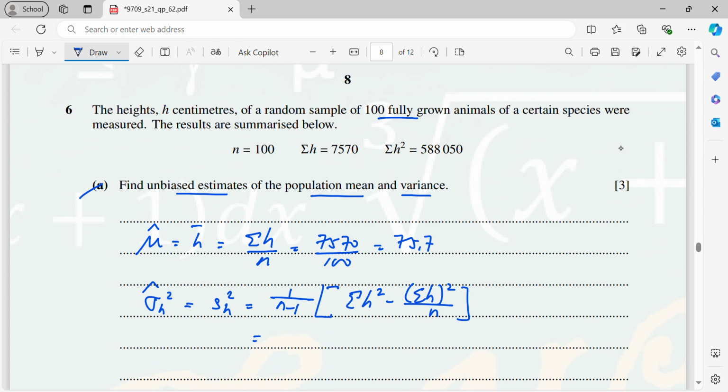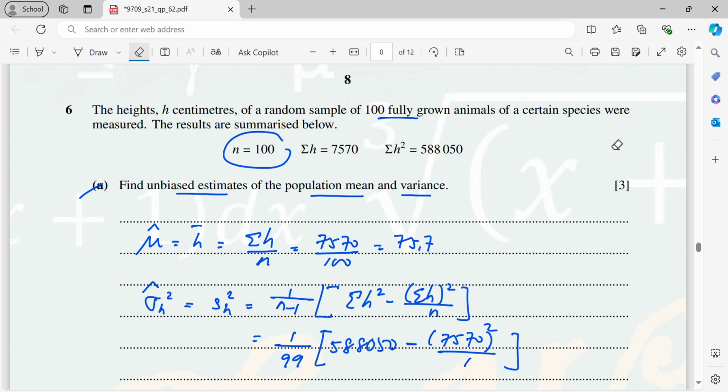So your n is 100. So 1 over 100 minus 1, that is 99. Summation h squared, just copy, 588050 minus 7570 squared over 100.